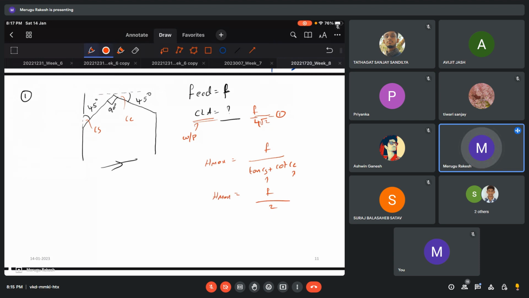H max will be F by 2. And then this CLA value is simply H max by 4. Any doubts?